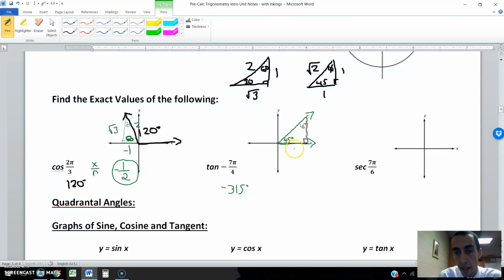And so our x would be 1, our y would be 1, and our hypotenuse would be root 2. We just use this reference triangle over on the right. So tangent is, as we saw, y over x. So that would be 1 over 1, which is 1.